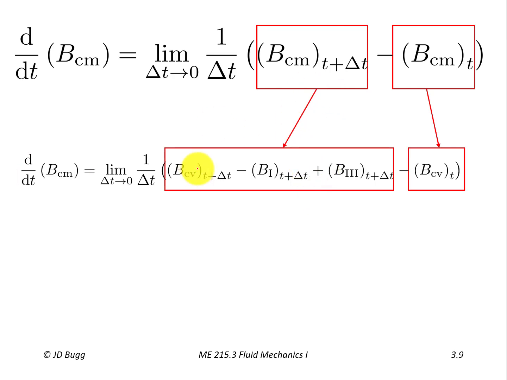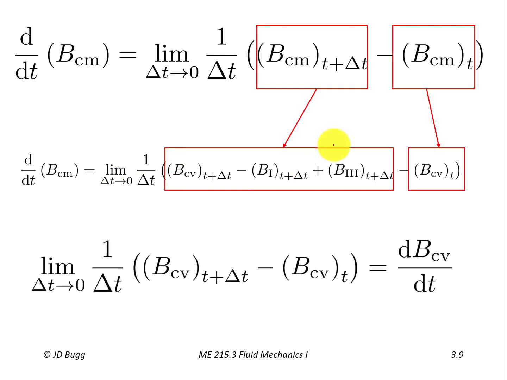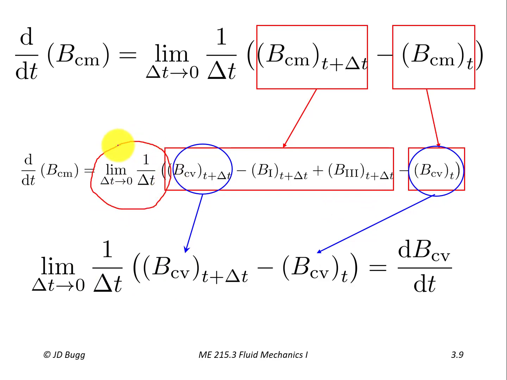Okay, well, if we look at this term, and remember that we're still taking the limit of this as delta t goes to 0, we see we have another derivative on the right-hand side here. So that term goes there, this term goes here. So extracting just those two parts of it and realizing we're taking the limit as delta t goes to 0, those two terms are actually just the rate of change of B for the control volume with respect to time.